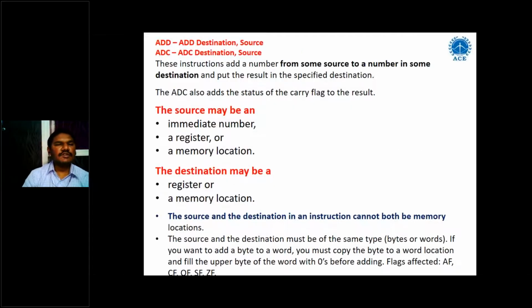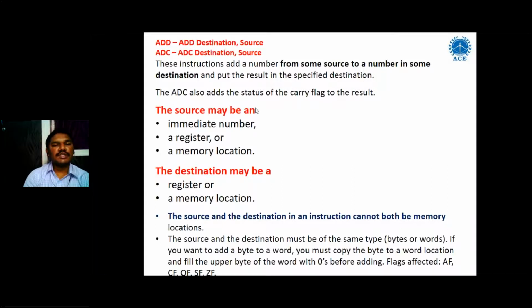For example, here I am giving the syntax of addition: ADD destination, source; ADC destination, source. These instructions add a number from some source to a number in some destination and put the result in the specified destination.